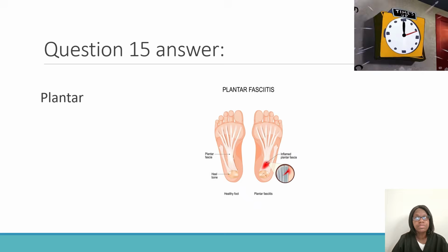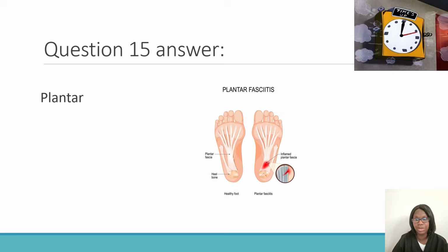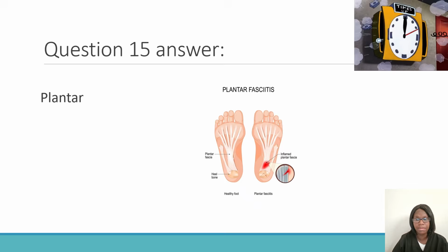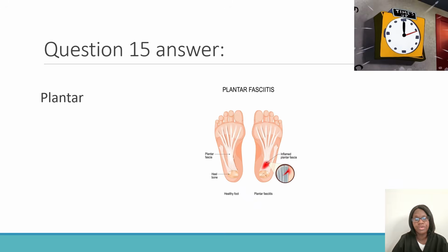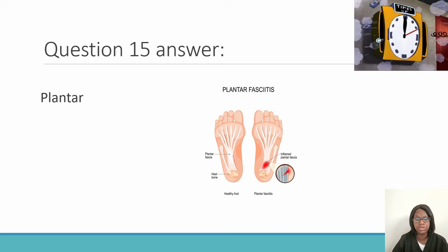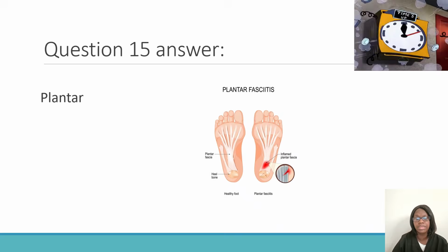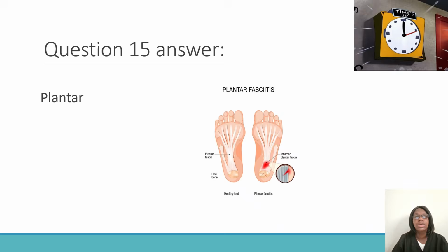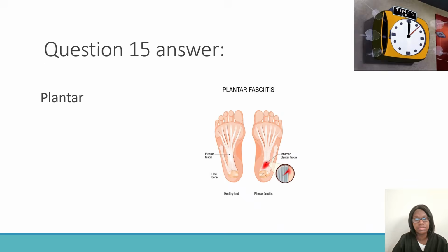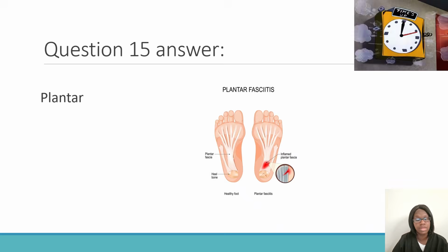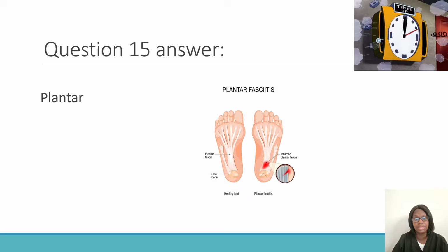But what I did was, until the pain went away, I took pain medication, just something over the counter. And then I changed my shoes. My doctor recommended I change my shoes, and she also recommended that I lose some weight. So that helped. I just changed my shoes, lost some weight, and it went away.